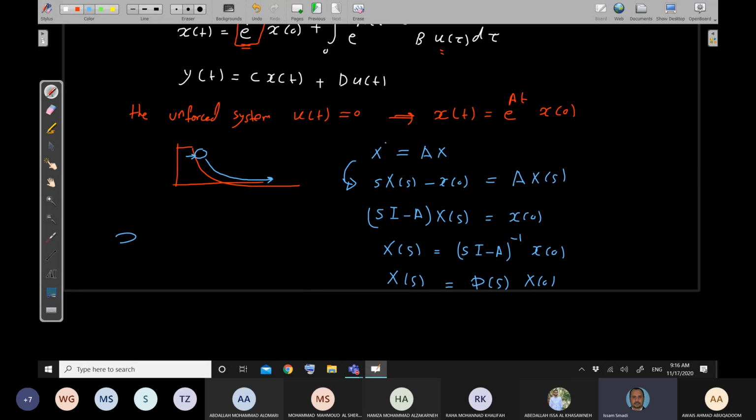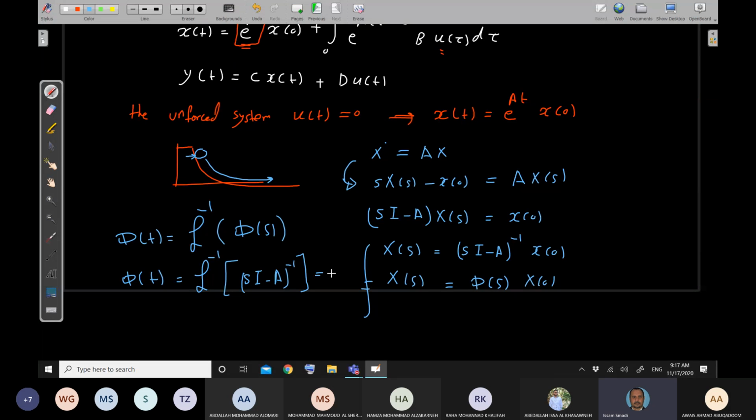So phi of t will equal the Laplace inverse of phi of S, which is the Laplace inverse of (SI minus a) inverse. And this will equal the exponential of at. Good?